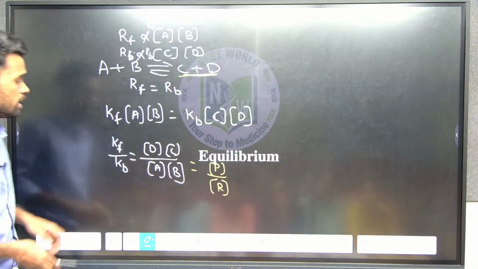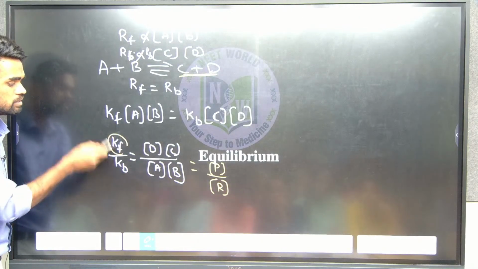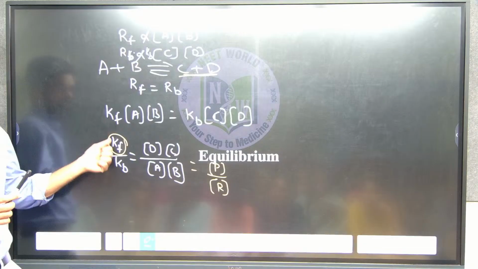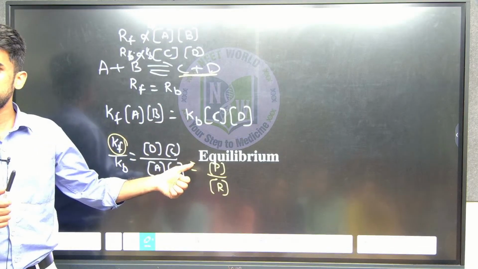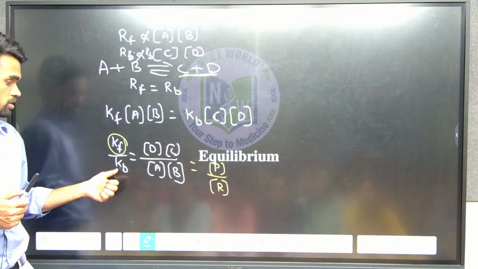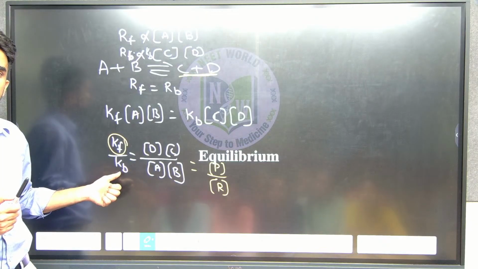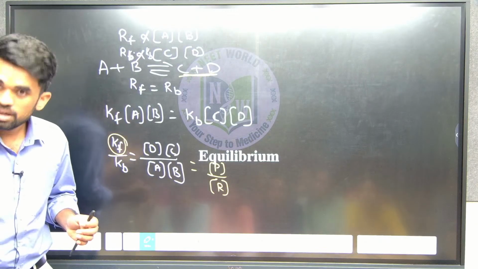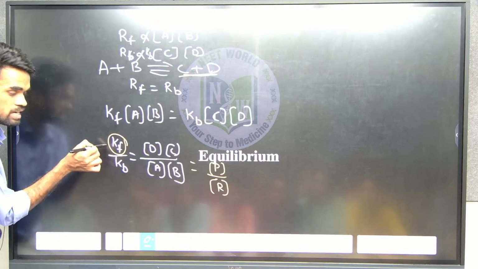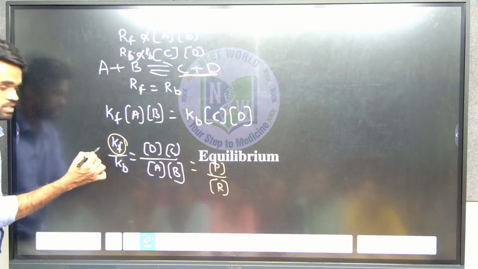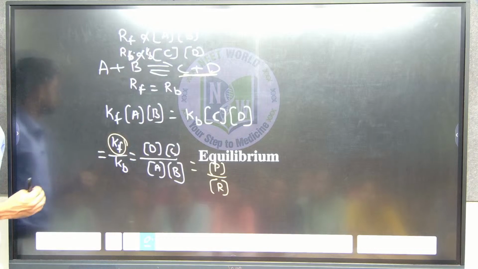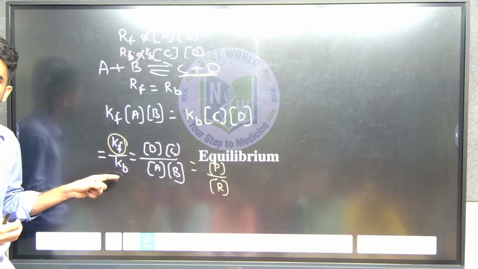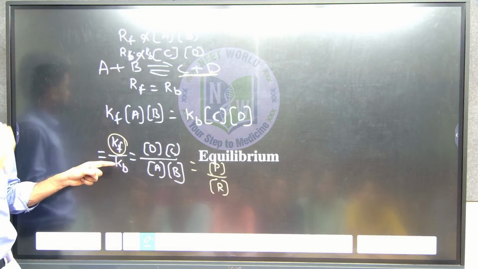Now Kf is the forward reaction rate constant, and Kb is the backward reaction rate constant. The ratio of the two constants, forward by backward, gives a new constant, something like 100 by 50.